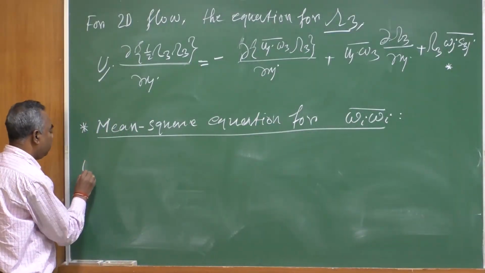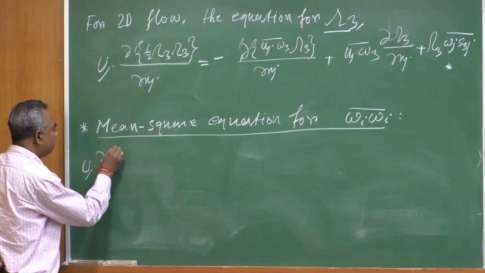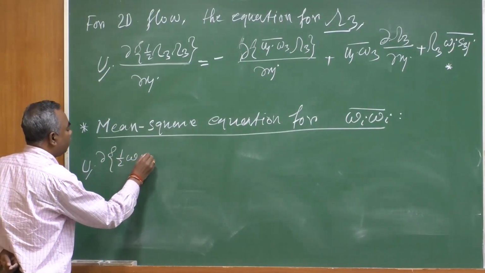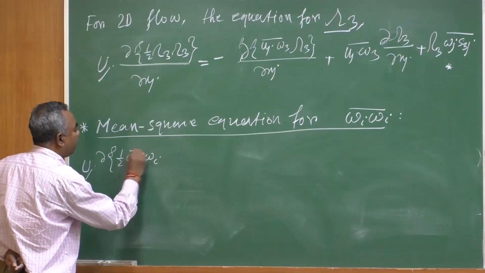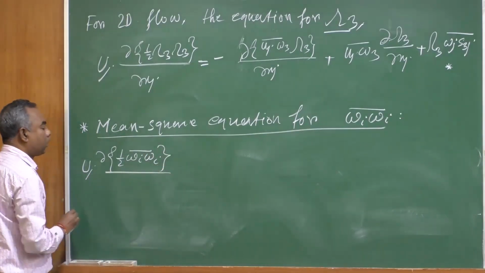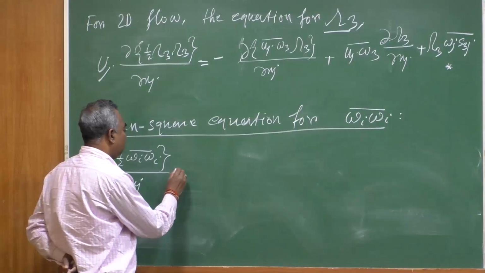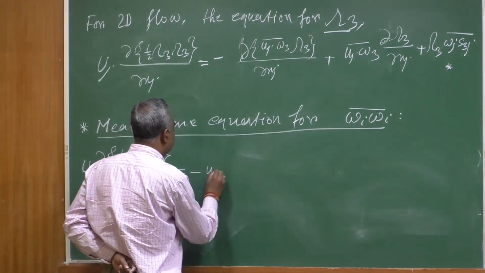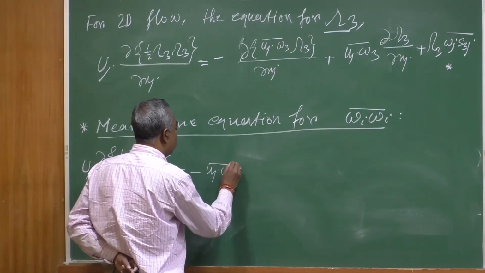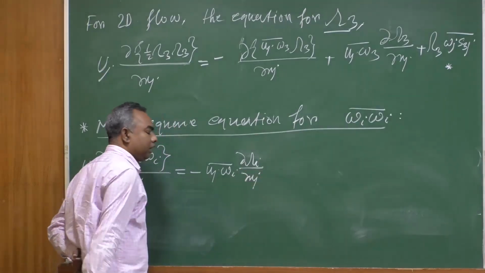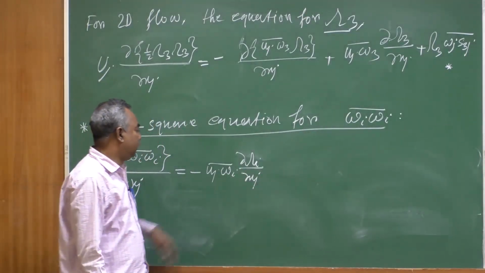So, the equation for this is basically, let me write directly the outcome of the procedure I just mentioned, equals minus u_j omega_i bar. This is the gradient production, as we have mentioned.